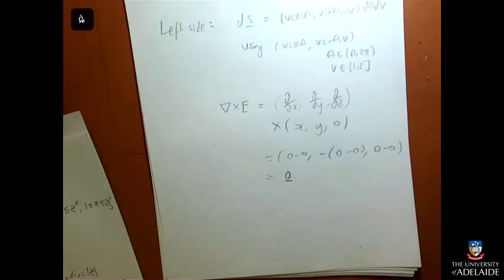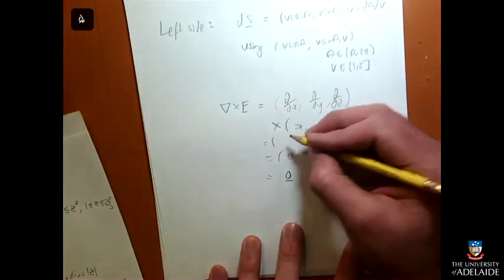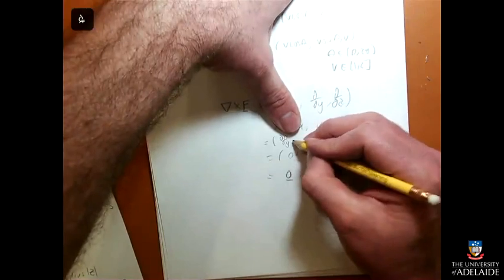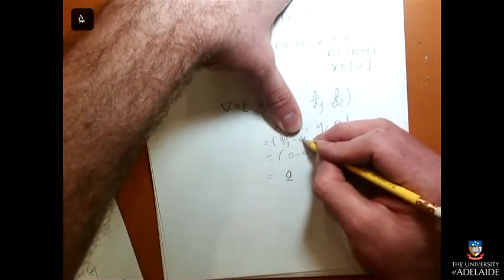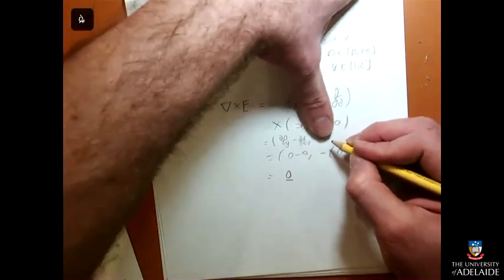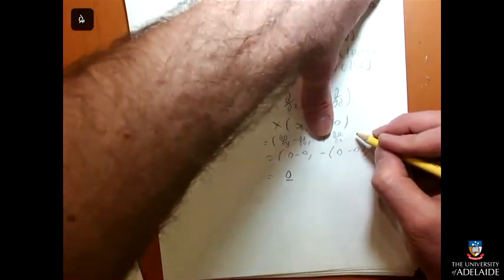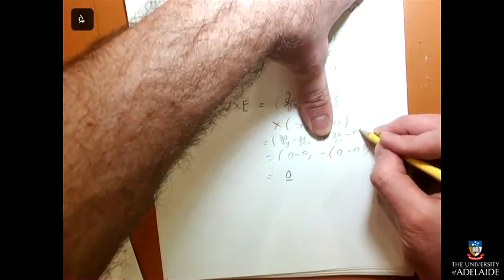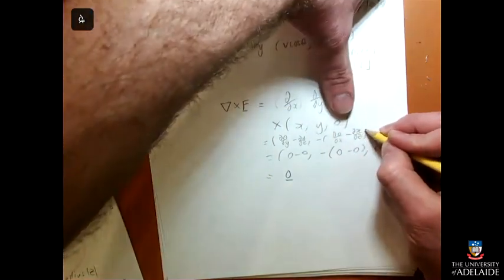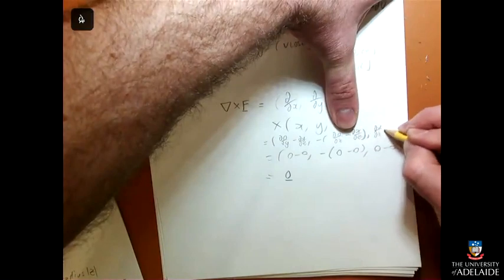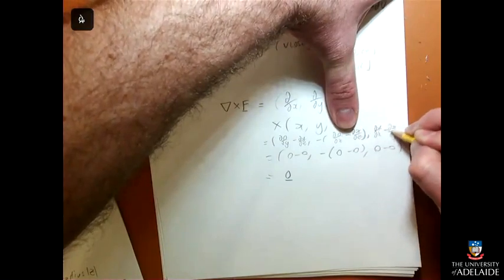I feel like it is not at all obvious from the way it's written what the answer should come out to be, so I'm going to write in little things here. This is d0 on dy minus dy on dz, and this is minus d0 on dx minus dx on dz, and this one is dy on dx minus dx on dy.